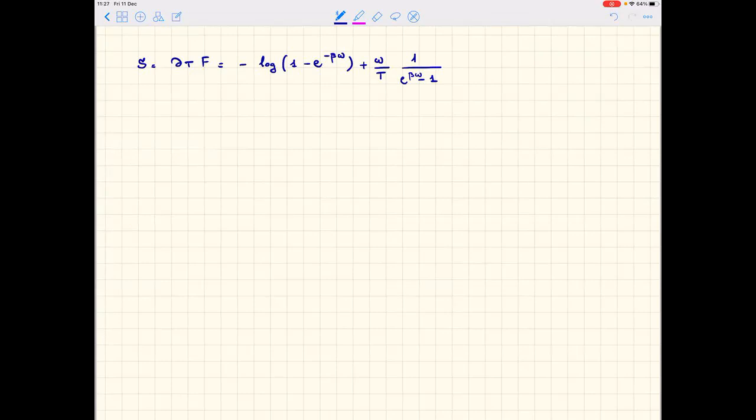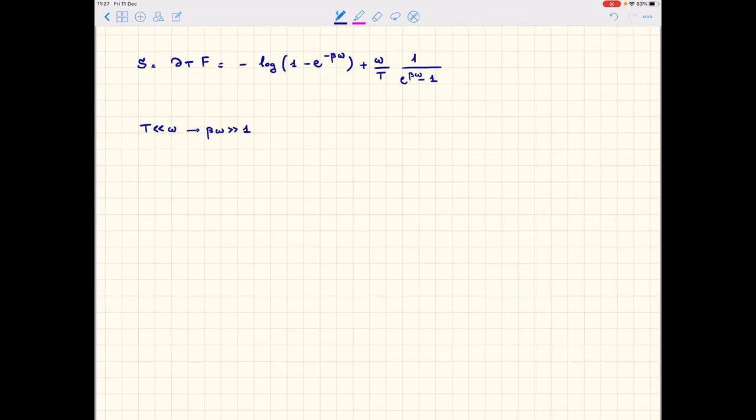Now, what happens when the temperature is much smaller than the frequency omega? So in other words, in the limit in which beta omega is much larger than 1. The entropy becomes 0. The entropy goes to 0, exactly, because this log of 1 is 0.